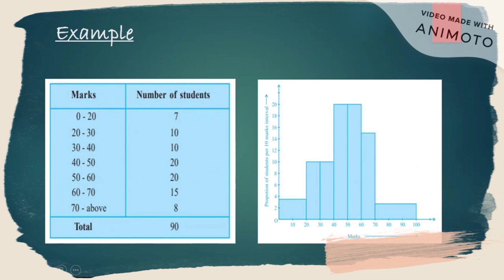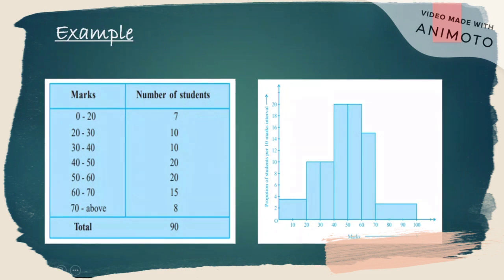On the y-axis we will take a scale of 2. So 1 centimeter will be 2 students. So we will write 2, 4, 6, 8, 10, 12, 14, 16, 18 and 20.